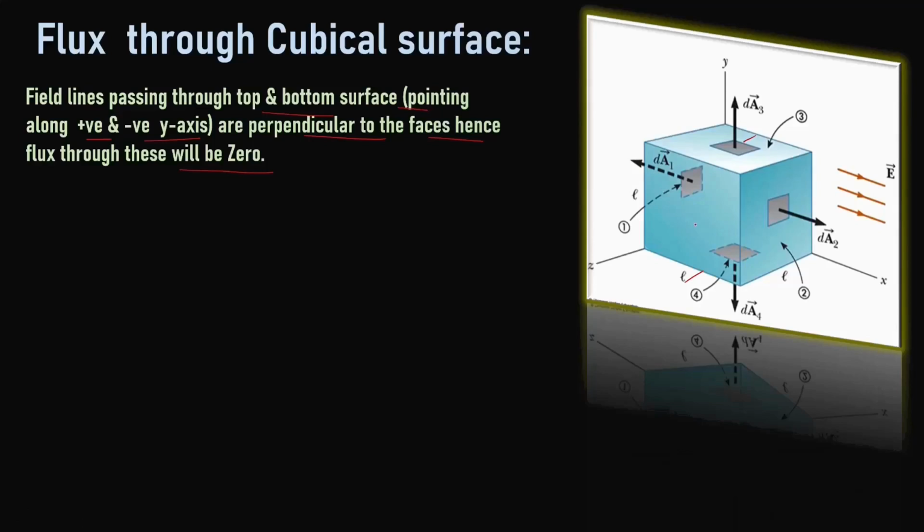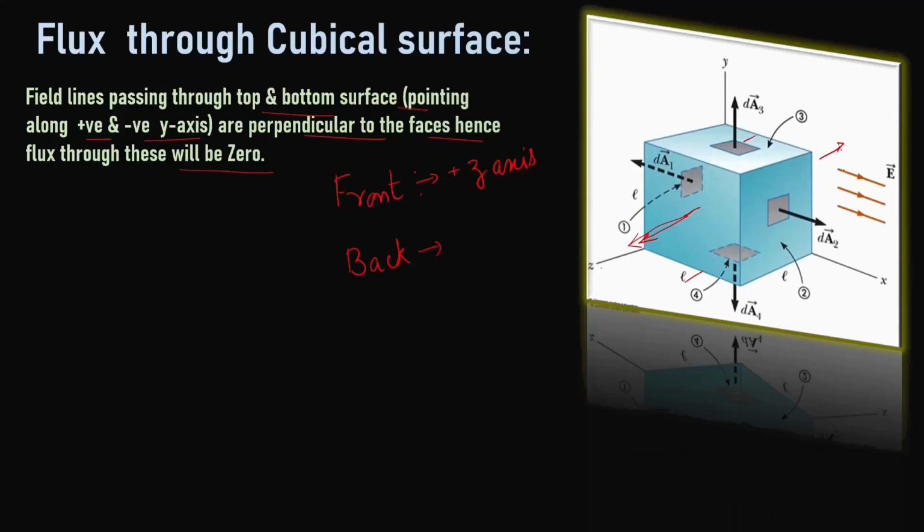Now next, let us take the front portion and the back portion. Let us see what the area vector will be for the front portion. Its area vector will be pointing along the positive z-axis.